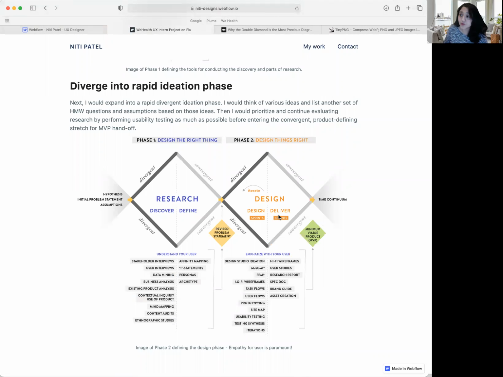So the first thing I would do is make a list of all the ideas and a new set of assumptions, also a new set of how might we questions, and prioritize them. And I would test these. So research happens in the second phase as well, which we call evaluative research.